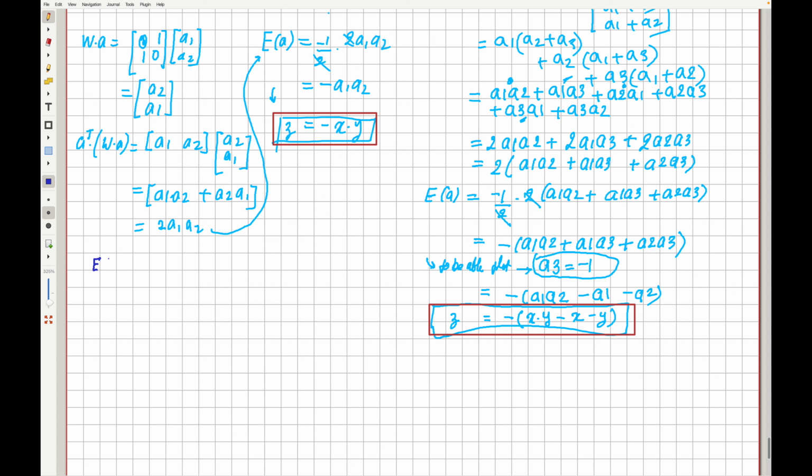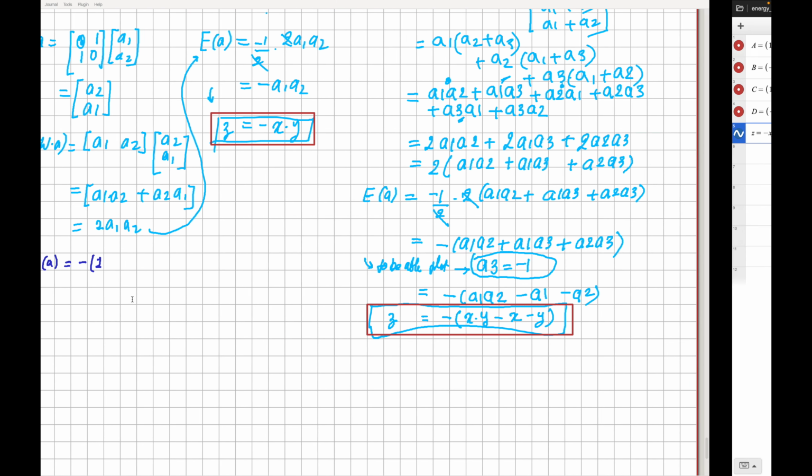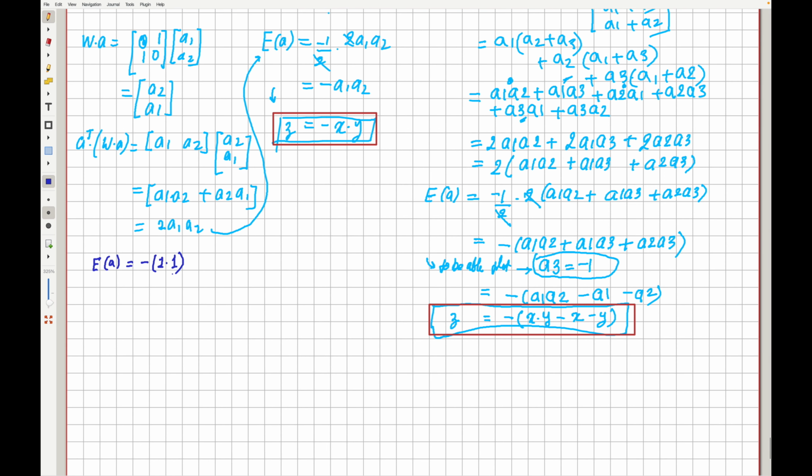If E of A is equal to minus a1 a2, and in this case a1 is 1 and a2 is also 1, then what we get in the output is E is -1. And if E is -1, that's a good thing, that energy is negative.